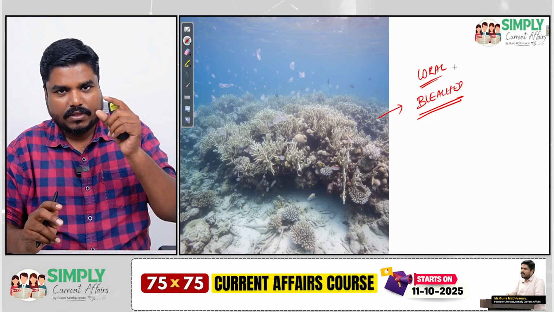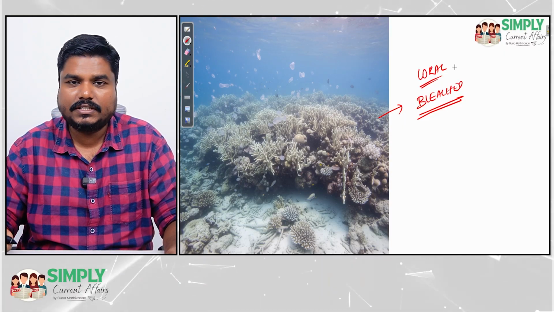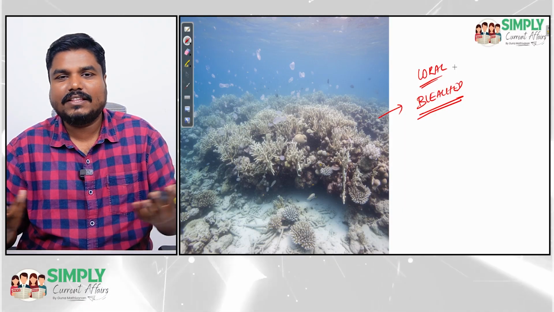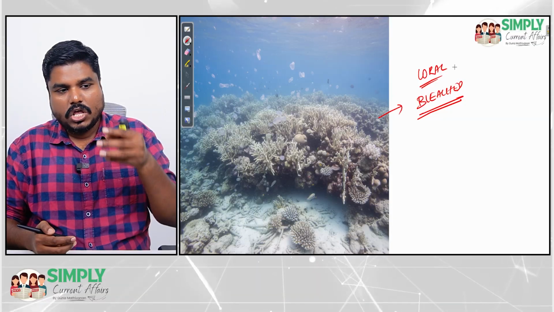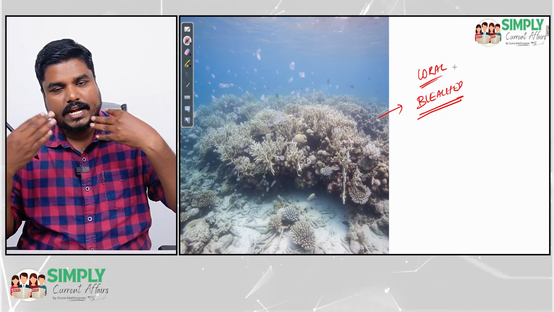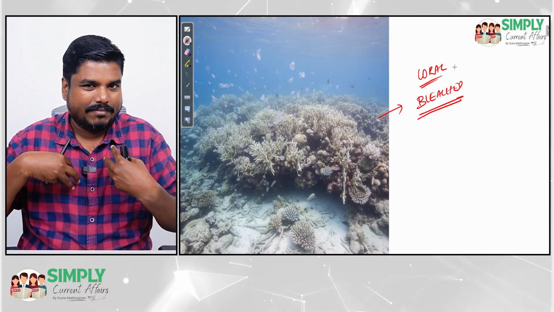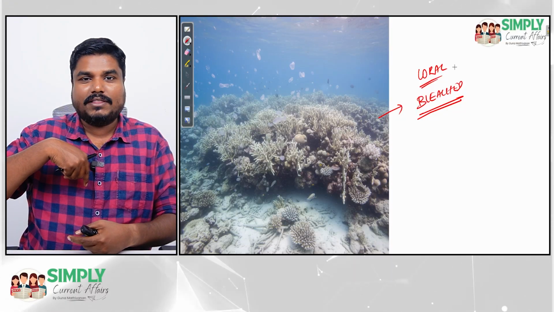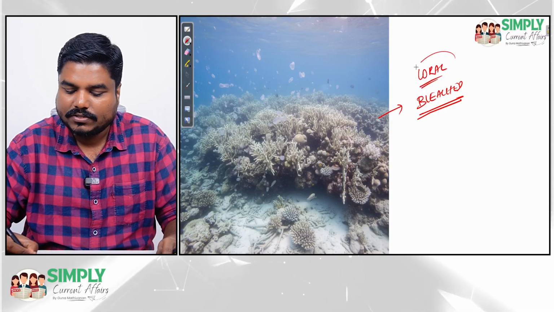Whenever the corals send the zooxanthellae out of it, color is gone. When color is gone, we say coral is bleached. So it is a process where corals will expel the zooxanthellae. If I am the coral polyp, and inside me there is zooxanthellae, if I throw it out, I will lose all my color.